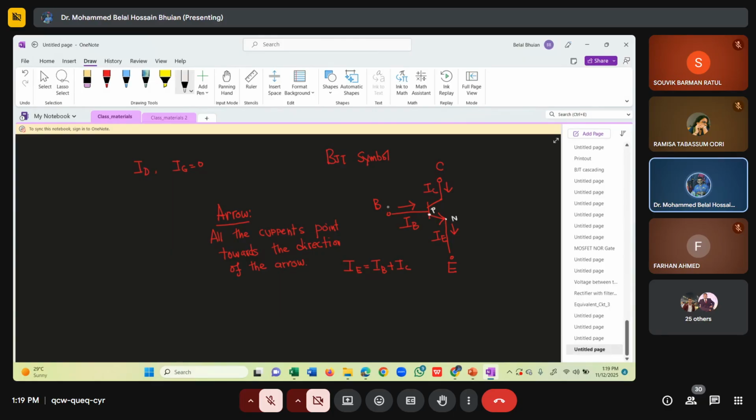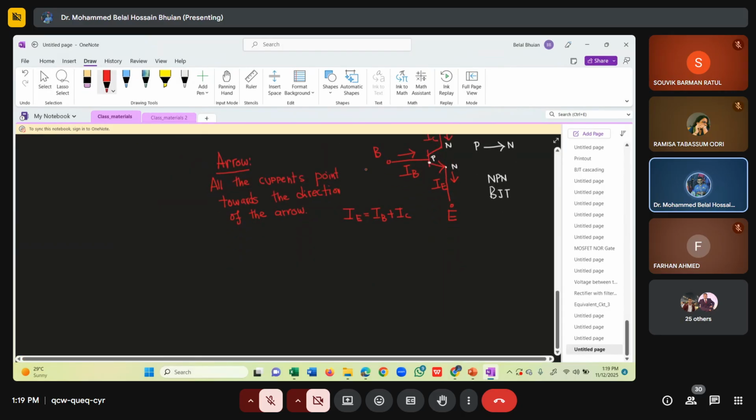So in the arrow of a BJT, it starts from the P side, and the head is always on the N side. So that means it must be the NPN BJT.